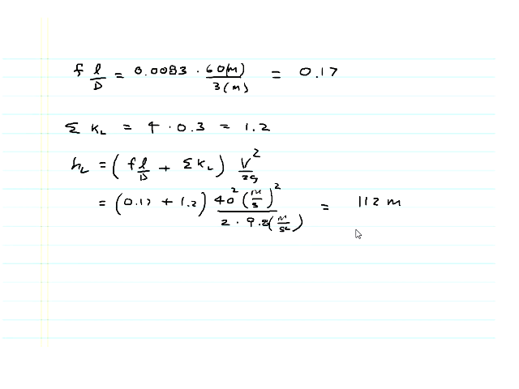So now we'll compute the fan power. The fan power, W dot, is computed as the specific weight of air times the volume flow rate times the head loss. The specific weight of air we'll compute from the density, rho g.